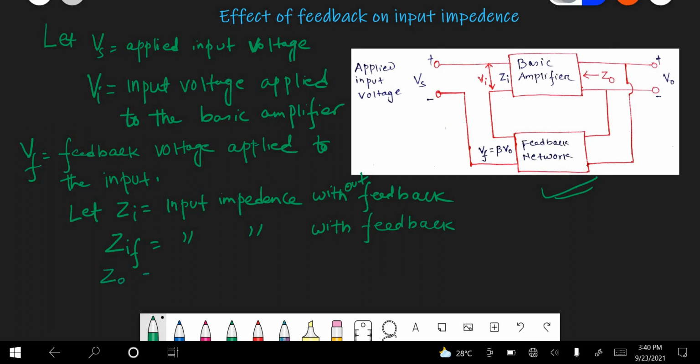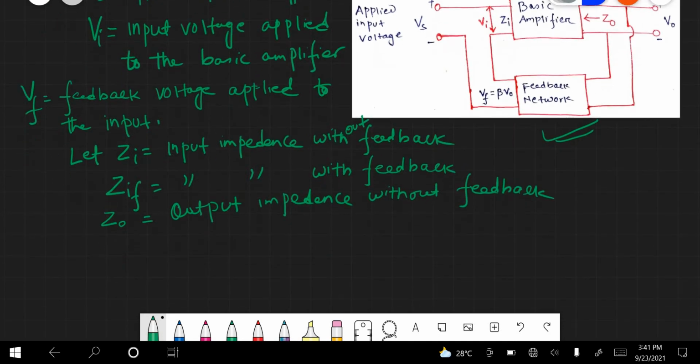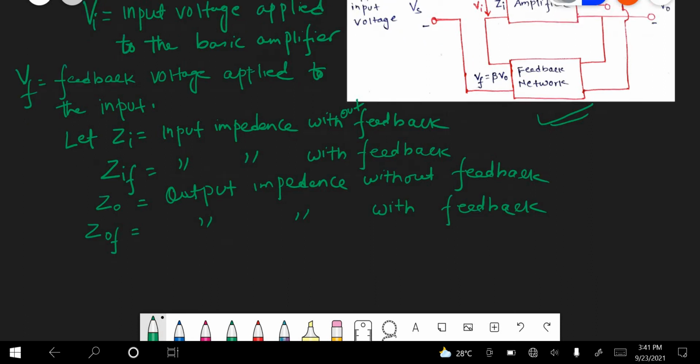Z0 is the output impedance without feedback, and we have Zof as the output impedance with feedback.